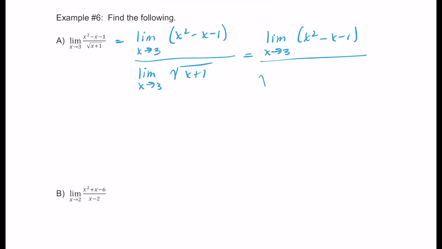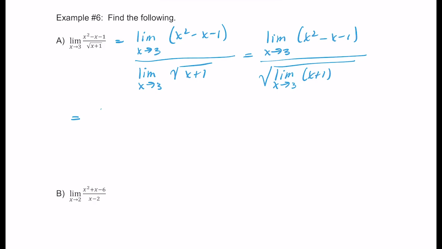But in the denominator, I can actually take the square root of the limit as x approaches 3 of x plus 1. Okay, so all I'm going to do here is I'm going to now plug in my 3.